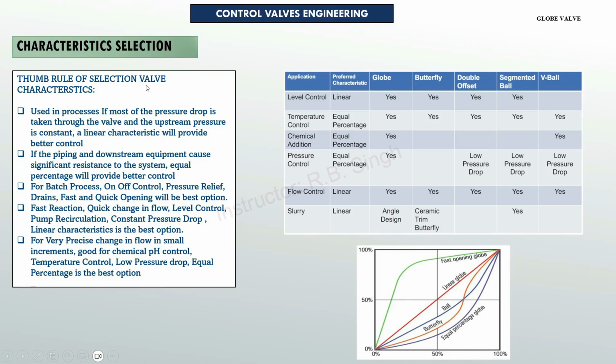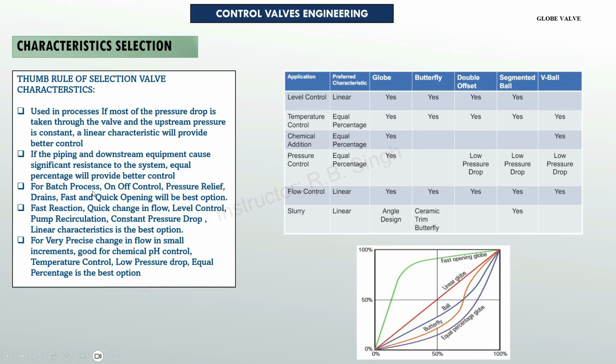Now the thumb rules for selection of valve characteristics. If most of the pressure drop in the process is taken through the valve and the upstream pressure is constant, linear characteristics will provide better control. If the piping and the downstream equipment cause significant resistance to the system, equal percentage characteristics will provide better control.